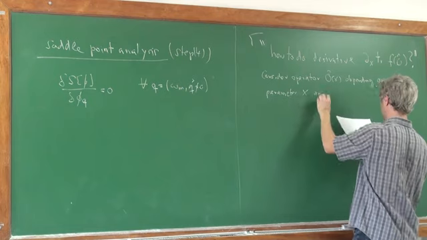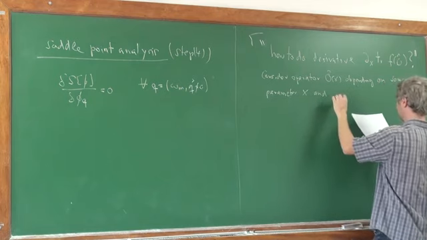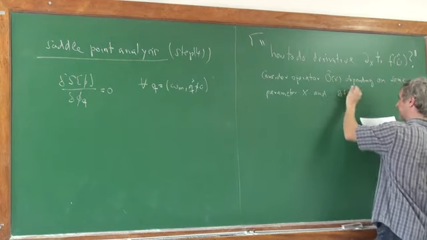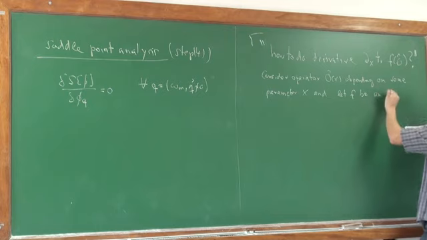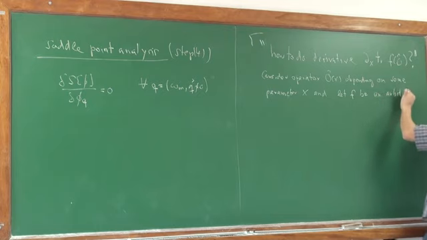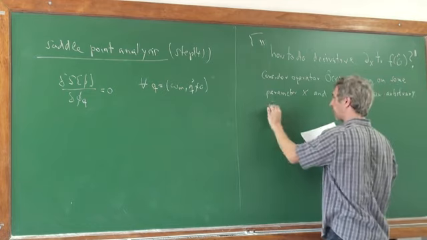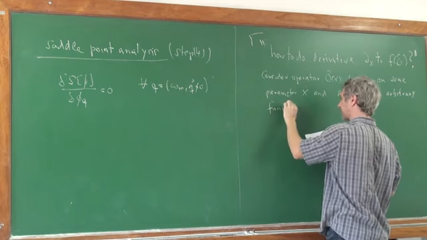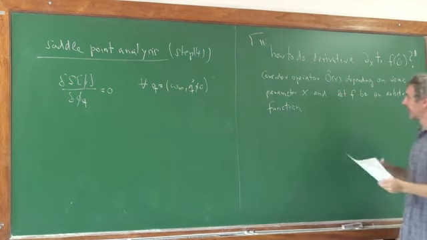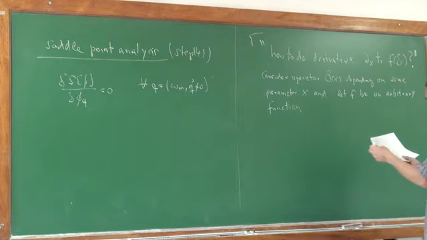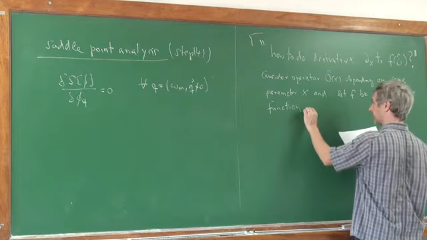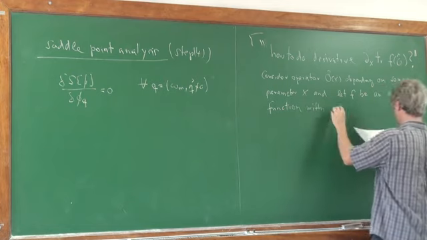And let f be an arbitrary function. Okay, not so arbitrary, because typically what we're considering are functions like log or exponential or cosine, sine. So it's functions that have power series representations. Okay, so let's consider an arbitrary function with a power series expansion.